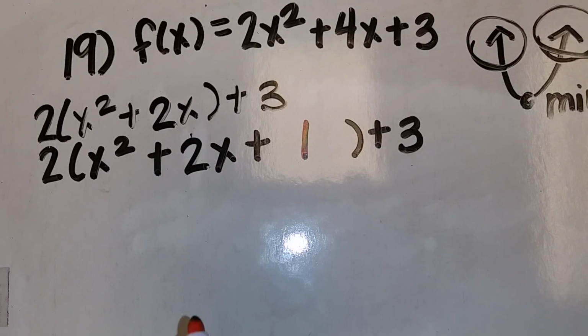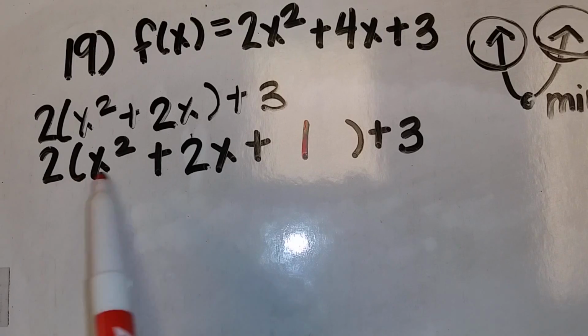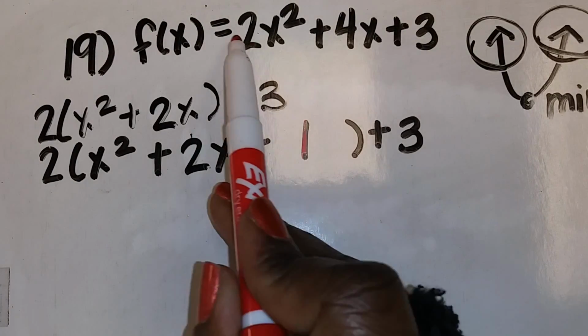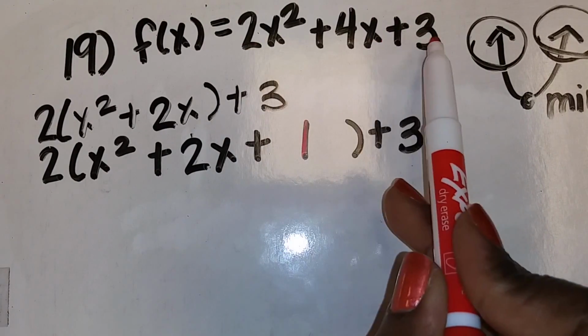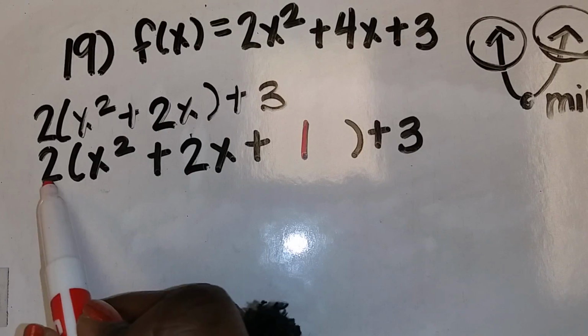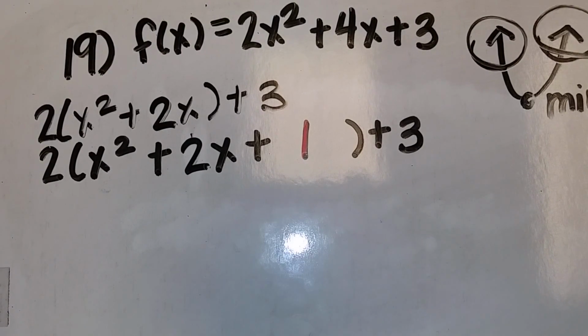But if you check your math again, now 2 times 1 is 2. I don't see plus 2 anywhere up here. So 2 times 1 is 2. I added 2 to the problem. I can't do that. So when you add 2, you have to undo that by saying minus 2.